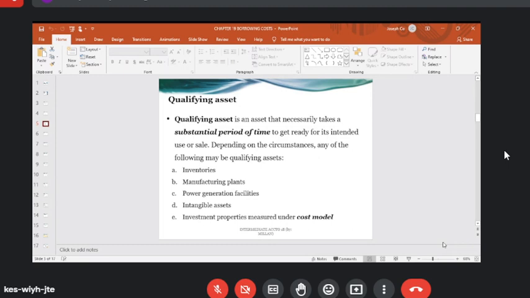Depending on the circumstances, any of the following may be a qualifying asset: inventories, manufacturing plants, power generation facilities, intangible assets, investment property measured under the cost model.